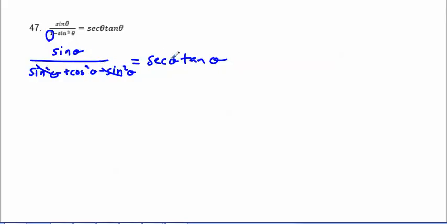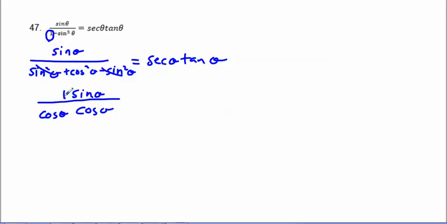Well, my secant is 1 over cosine theta, and my tangent is sine over cosine theta. So it could help me if I were to split this cosine into 2 cosines. So I would have sine theta over cos theta, cos theta. All right, and I need secant to be 1 over cos theta, so I could just make that a 1 sine theta.